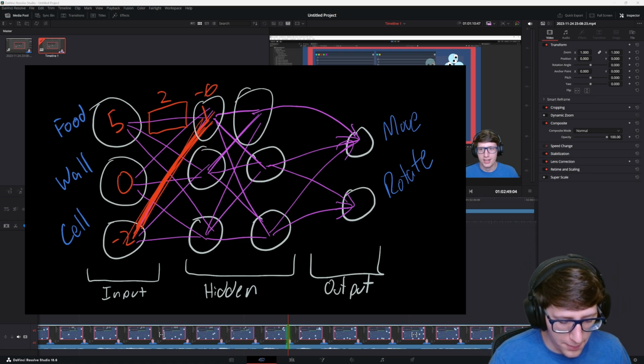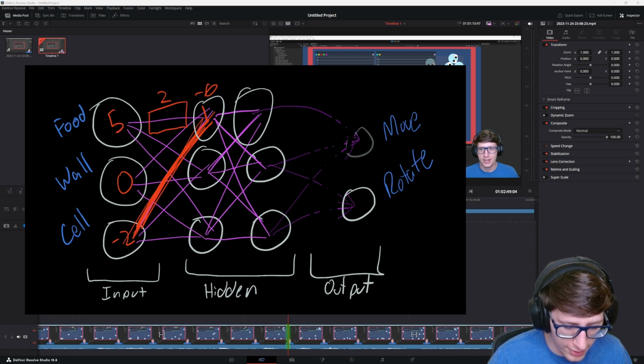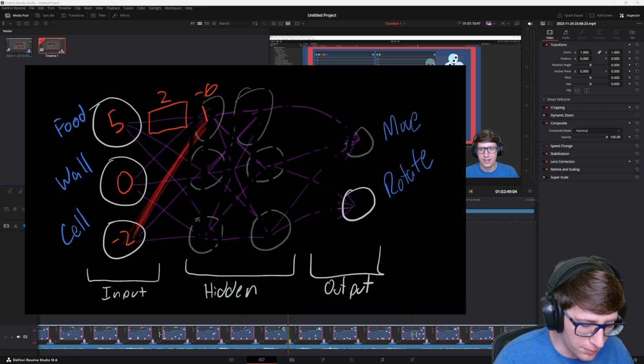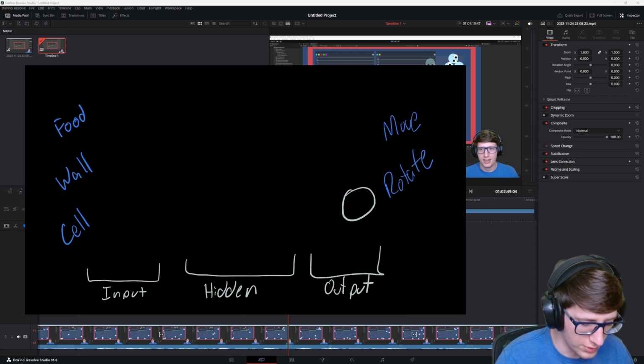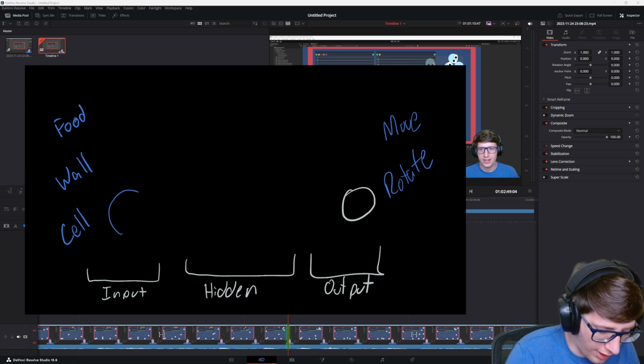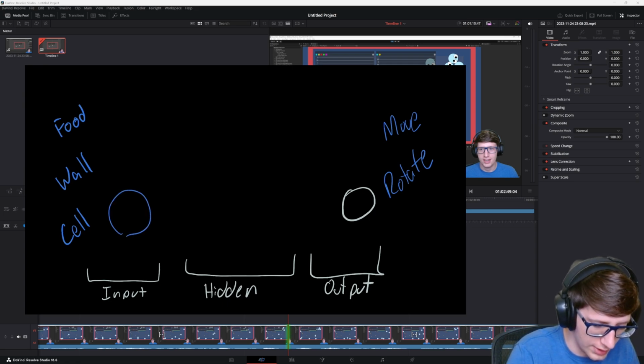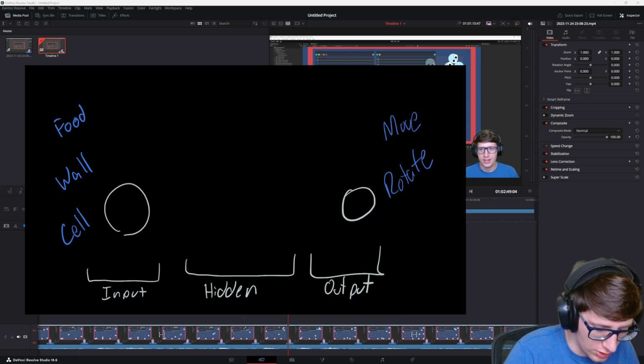So these weights get passed down and they slowly get modified until they make the inputs correctly trigger the outputs. And that way, even though we don't really understand what's going on inside, we don't have to understand what's going on inside of the cell because it's learning. It's just learning on its own.